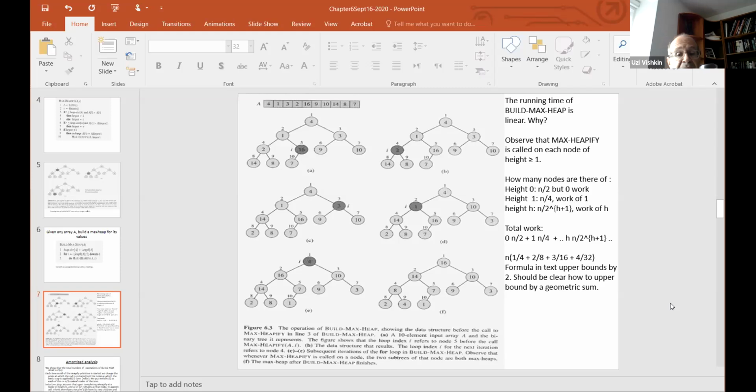Is this clear to everybody? If you have questions about the correctness, that's the time to raise. Okay, so I'm going to assume that you understand the correctness of this and you are convinced that it's correct. And now the question is, what is the complexity of this?